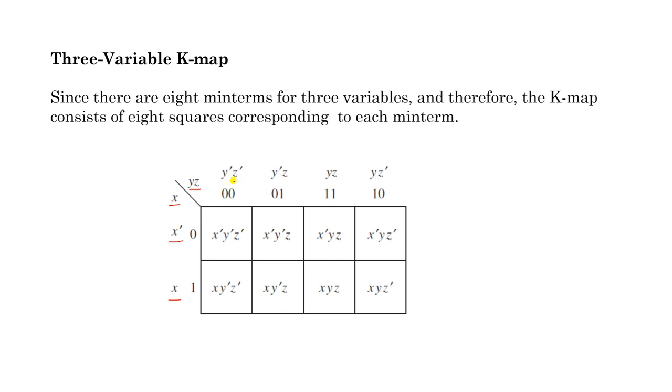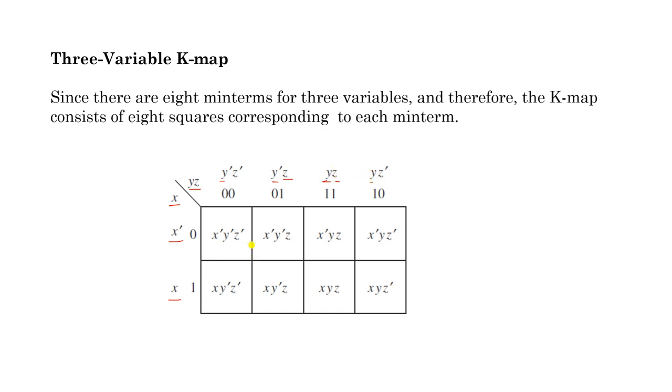For example, if you take the first one and the second one, y dash is same, only the second literal is different. Similarly, if you take the second and third, you will see that the z is same and only the first literal is different. Similarly, in third and fourth, y is same, the second literal is different.